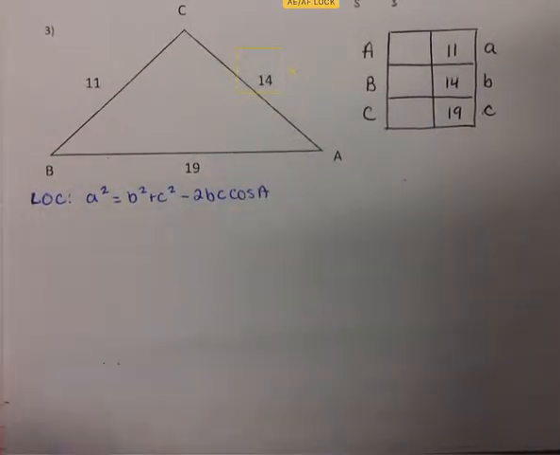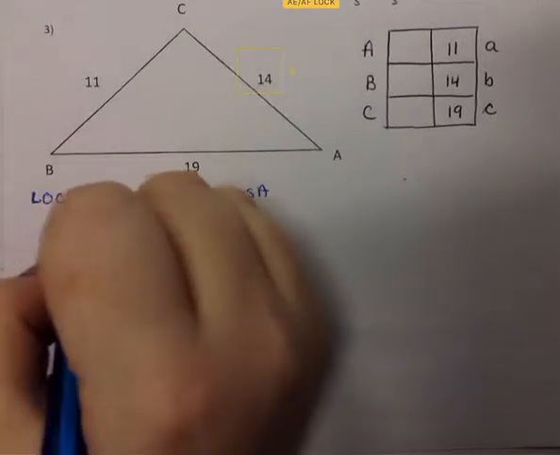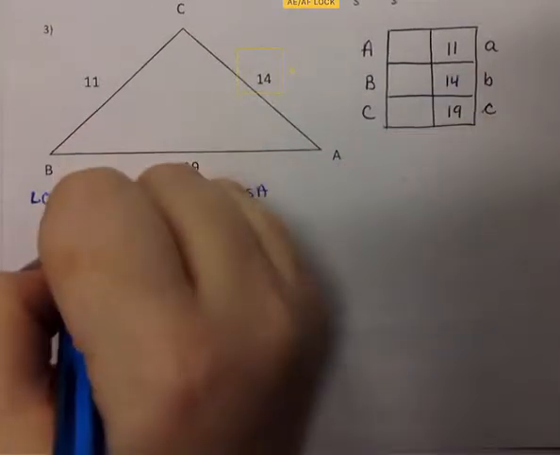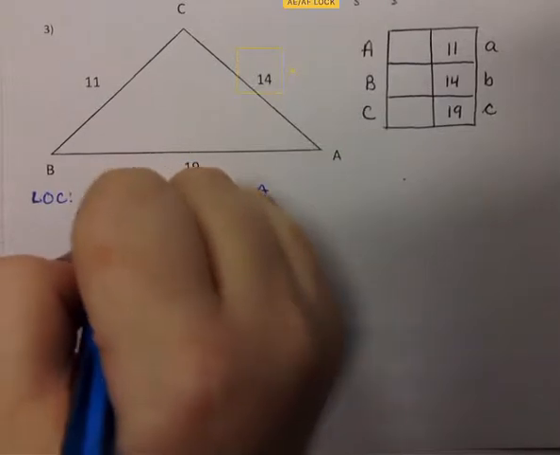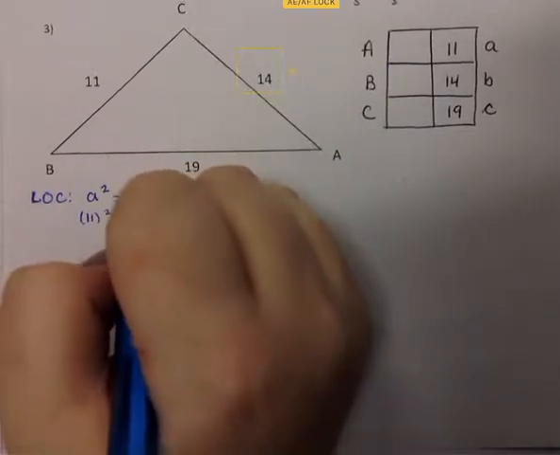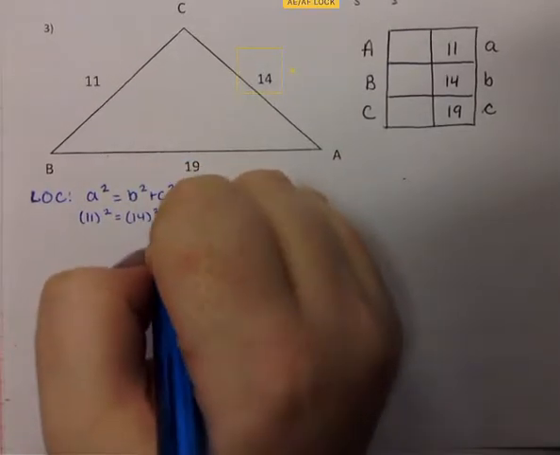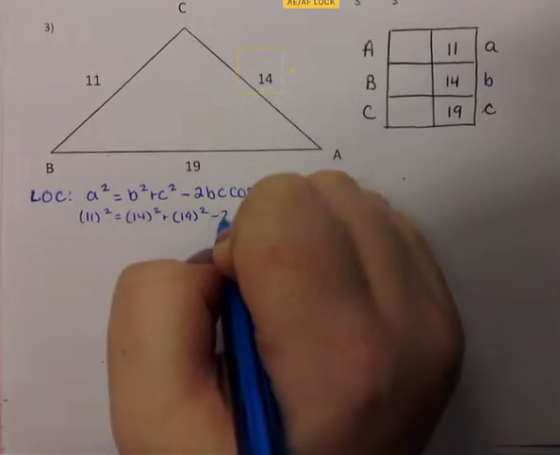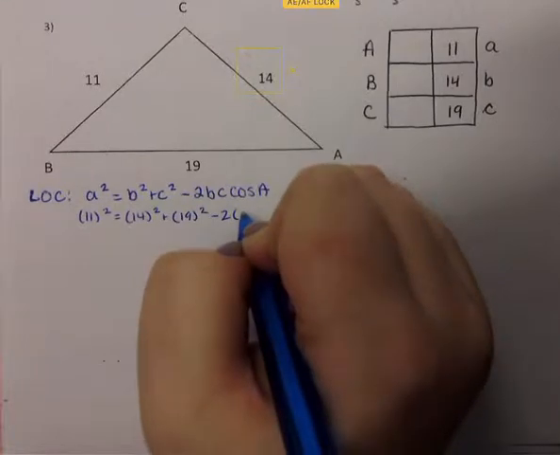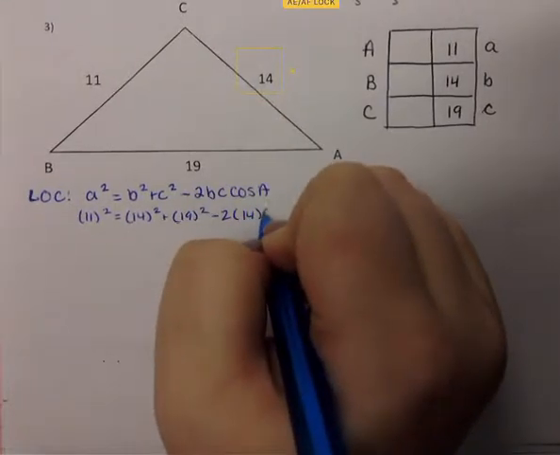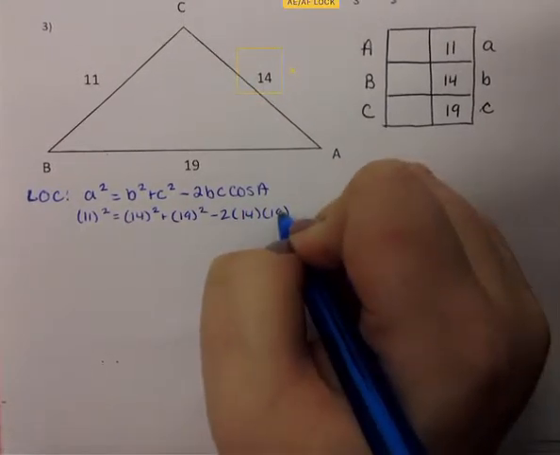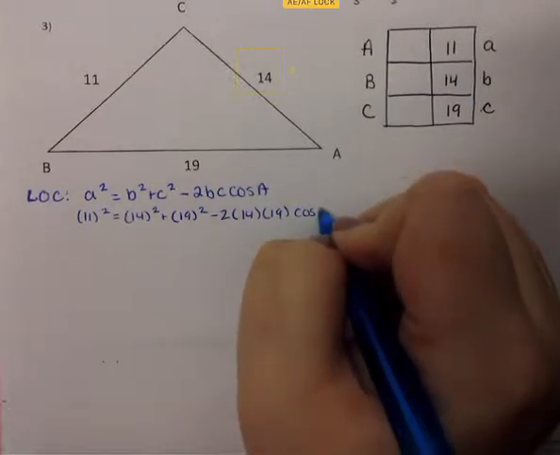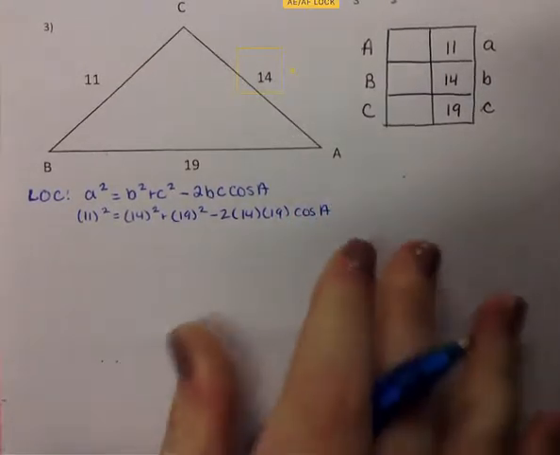Let's plug in what we have. A is 11, so we have 11 squared equals B is 14 squared plus C is 19 squared minus 2 times B is 14 times C is 19 cosine of big A. We do not have big A, so I put big A.